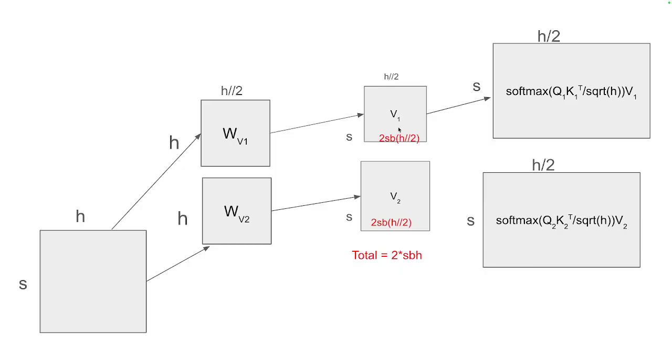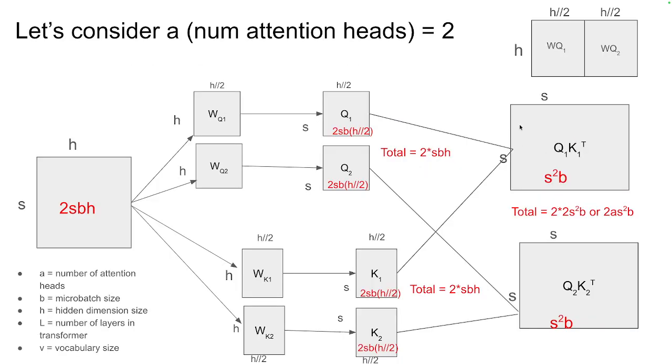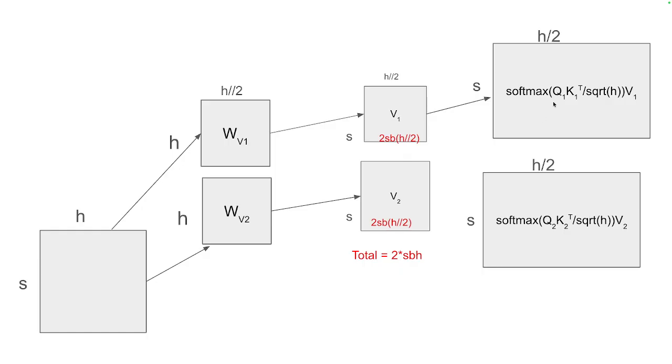And then we take this, and for the first head we multiply with what we had here, this Q1 K1 transpose, which is an S comma S matrix, and then we divide by the hidden dimension, and then we take the softmax and then multiply with this V1. So this would be your attention matrix for the first head.